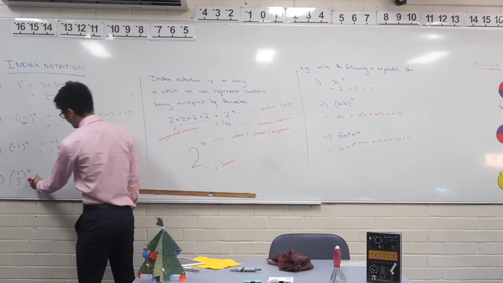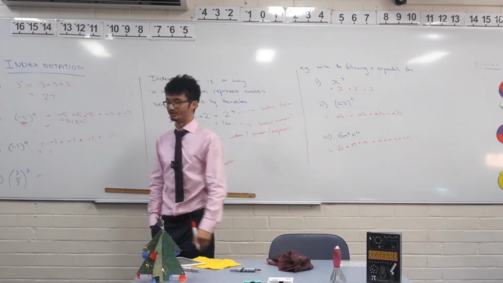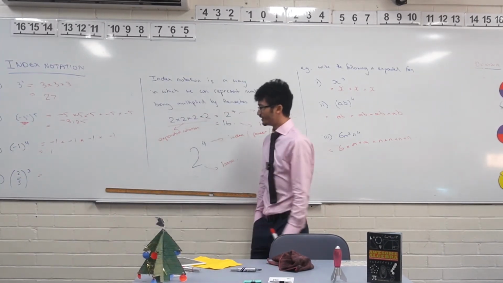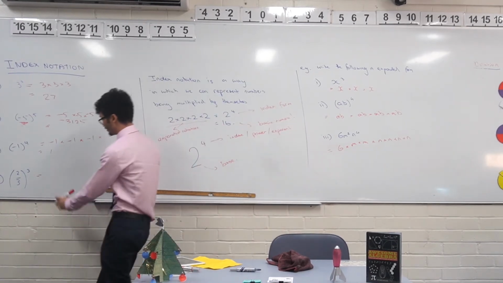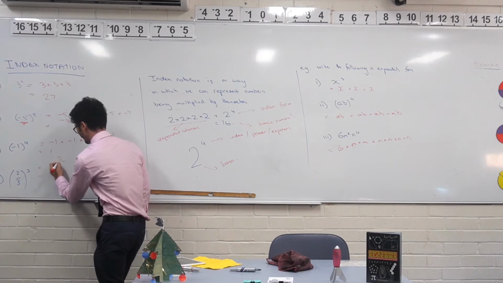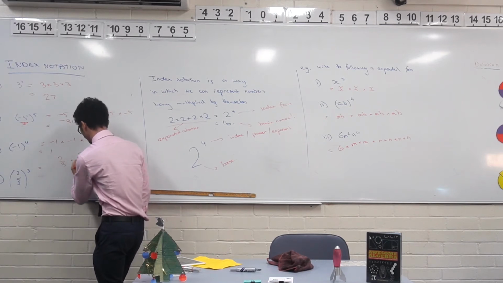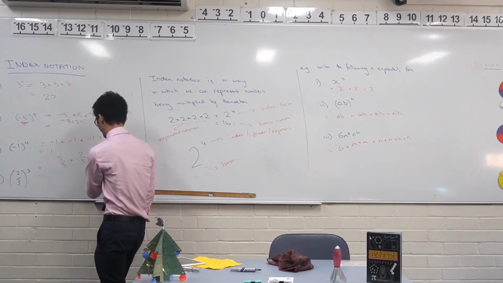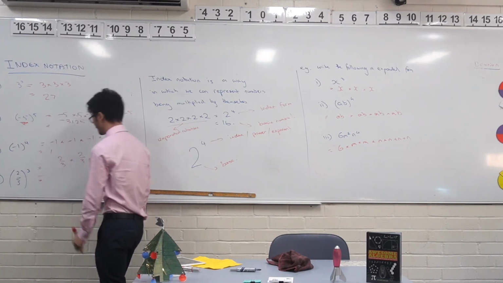Yeah. Last one, no reason why we can't do these with fractions. And we still want to write it out in the expanded notation, but I'll show you why that's useful. Because when I do this, it's 2/3 multiplied by 2/3 multiplied by 2/3, because it's cubed.